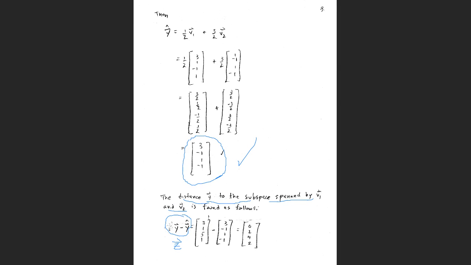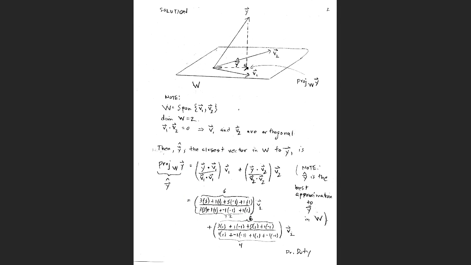Okay, so what do I have to do then to get the distance? I have this vector, the vector z. Incidentally, let me just show you on the picture here. This here is the z vector, right?